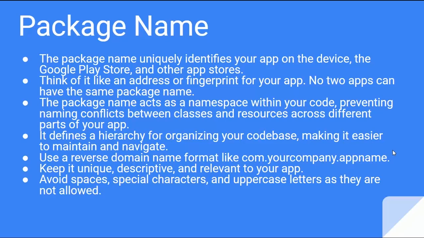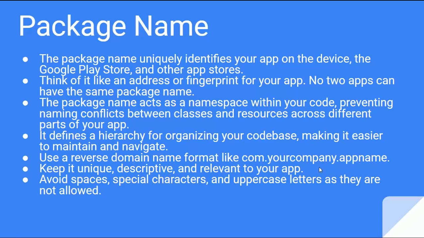And if you don't have a domain, your personal domain or your company domain, then don't worry, you have to choose some words in such a way that your package name doesn't resemble any other package name from Play Store or any other app stores. We need to keep it unique and descriptive and relevant to our app.